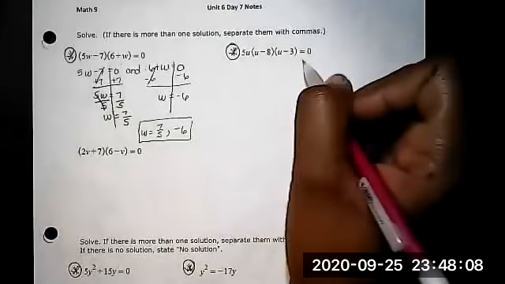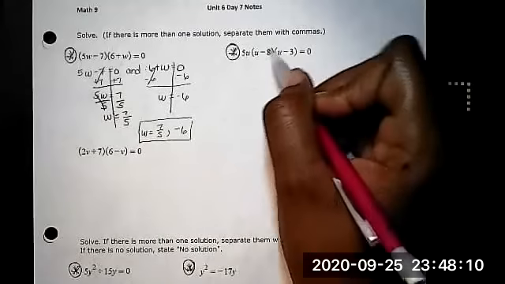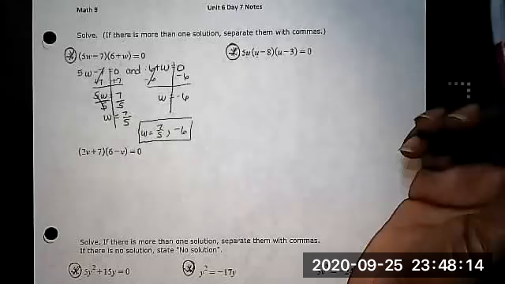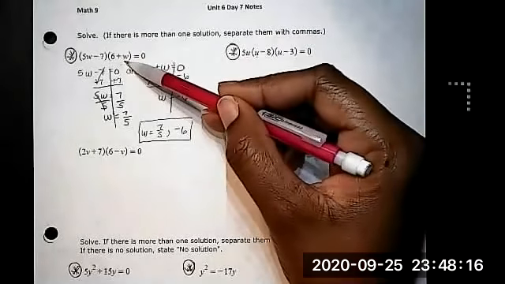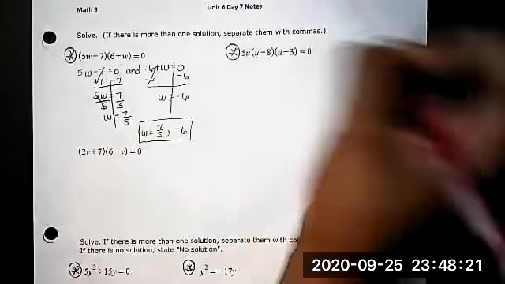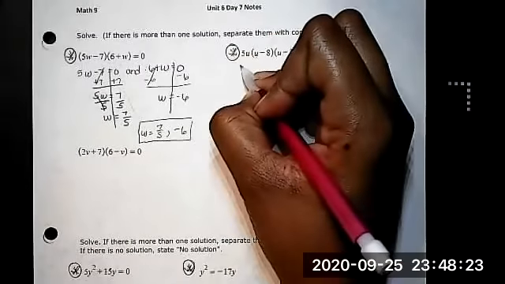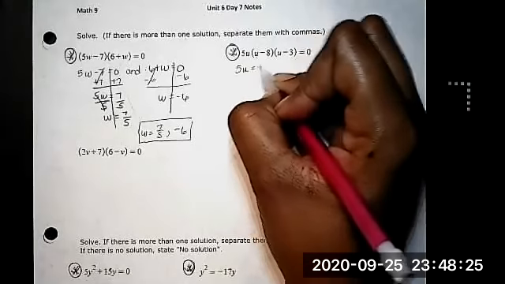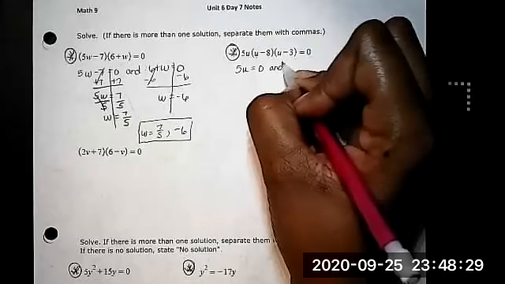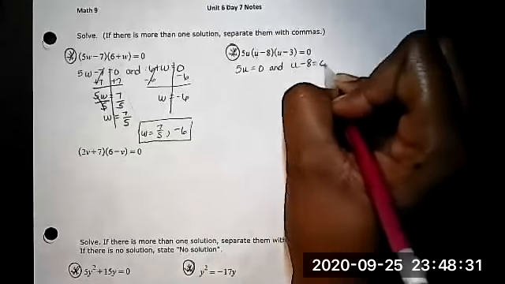Now, for this particular problem, usually, if there are 3 different variables, you're going to have 3 different answers. Not always, but most of the time. Same thing here. You see how there's 2 different w's and you got 2 different answers? Let's try here. This one, same situation, same premise. This one's going to be 5u equals 0. And then you'll have u minus 8 equals 0.